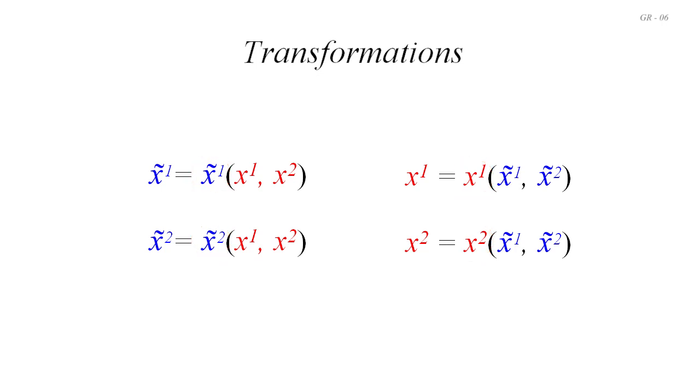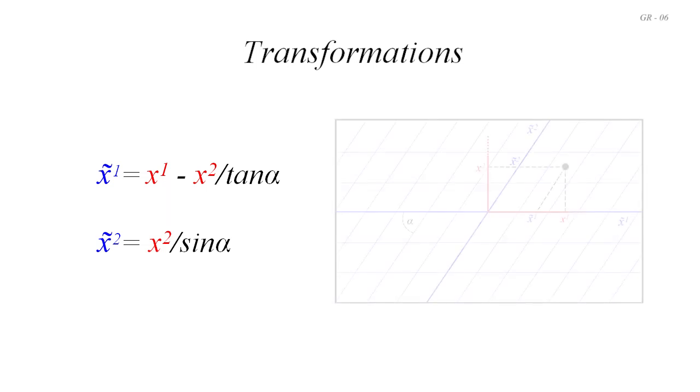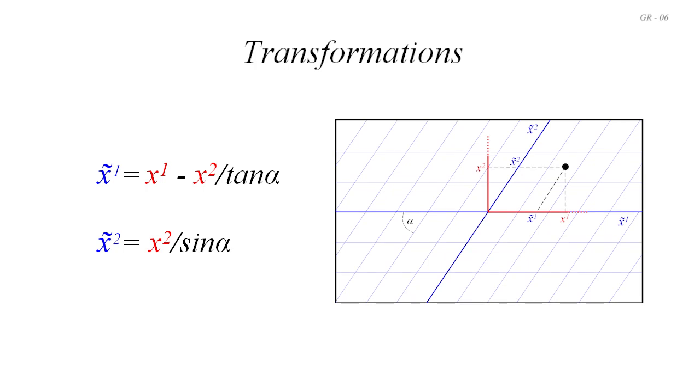Well, in the simple situation that we just looked at, of course, it is, and it's an easy exercise to find out. Here are the answers if you care to do the basic geometry of chasing the right-angled triangles in this diagram and using the fact that the angle between the axes is alpha.